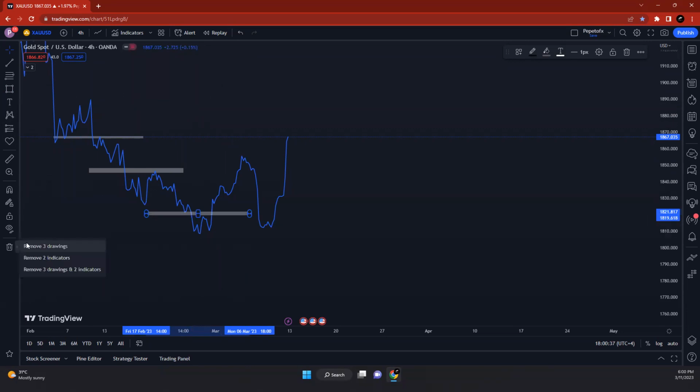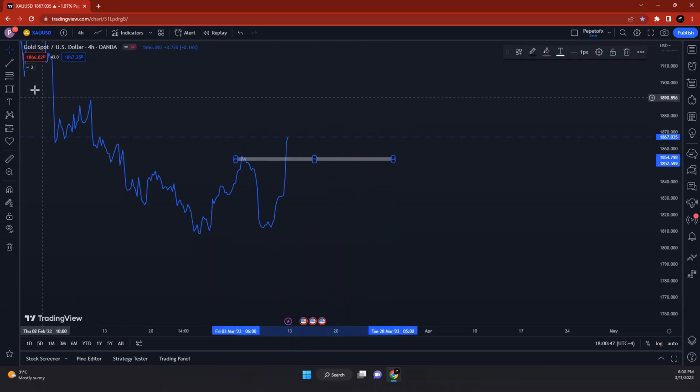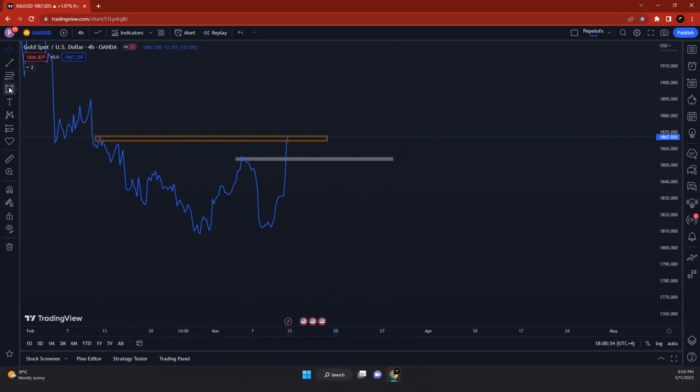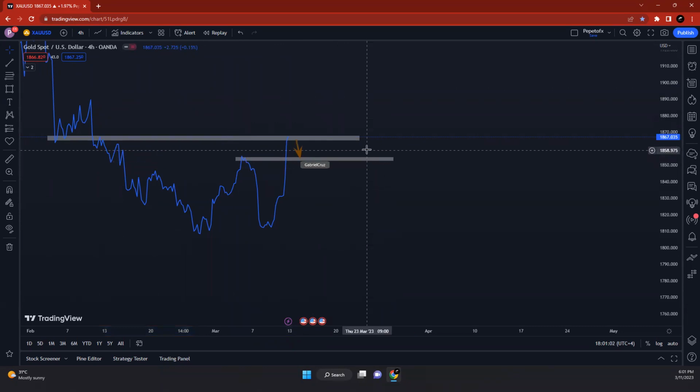What I do? Remove everything. Now, where is our price? Here. This was the structure. So I'm expecting a reaction to this zone. So you're expecting a reaction to that zone.